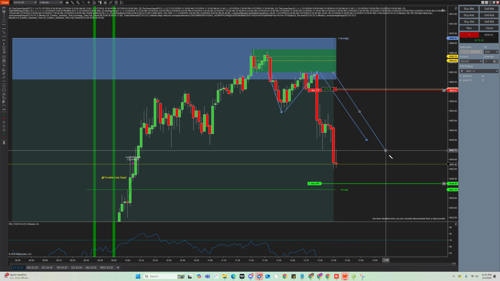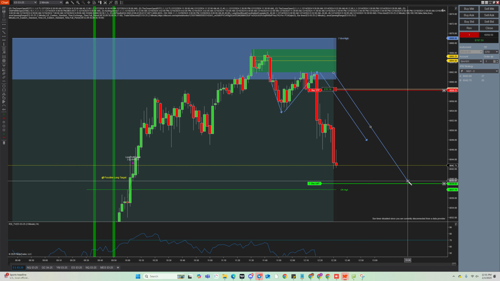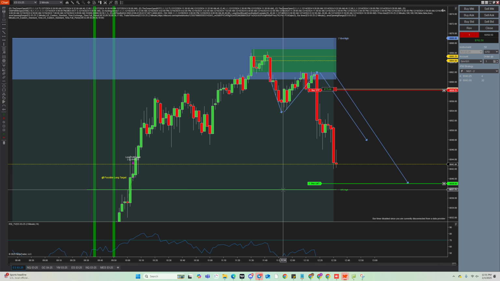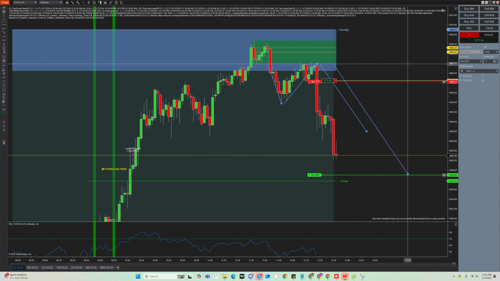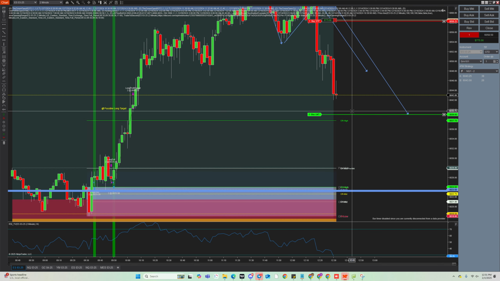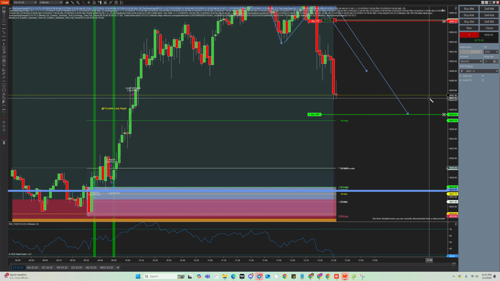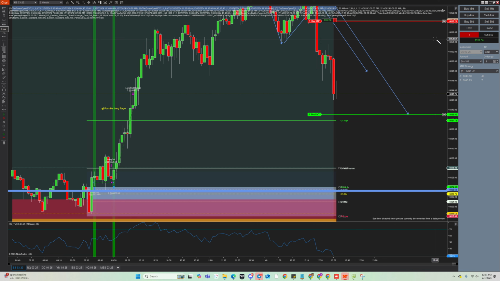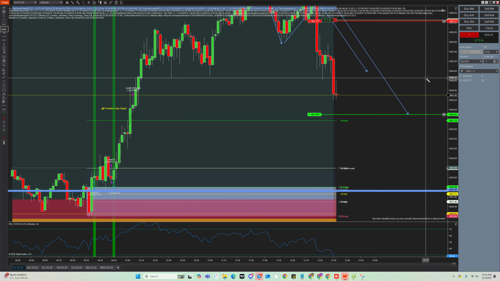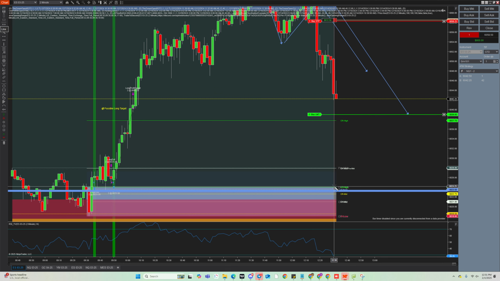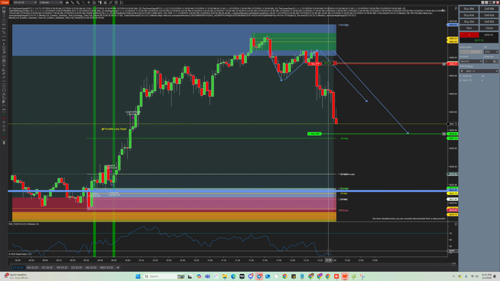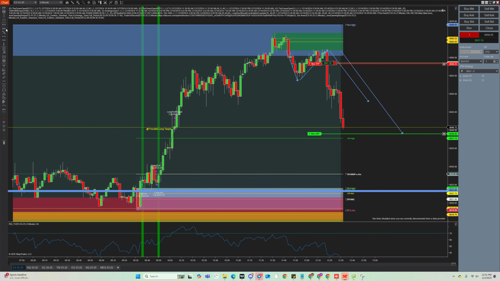And if we keep it here, then we go to 39, which is completing the single print that I was talking about. But ideally, you can target as much as or as low as the zone that is here, which is what I teach, from zone to zone, right?